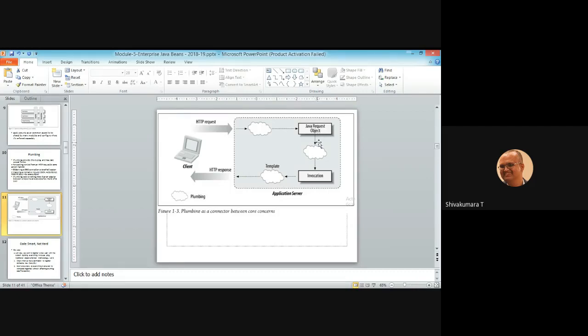Since the enterprise application is a distributed application, it might be present in a single location or in multiple locations. To access the other locations' data, again you need to have internet connections. That request object is then redirected to the invocation methods.